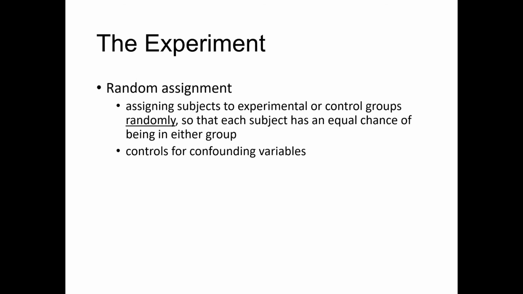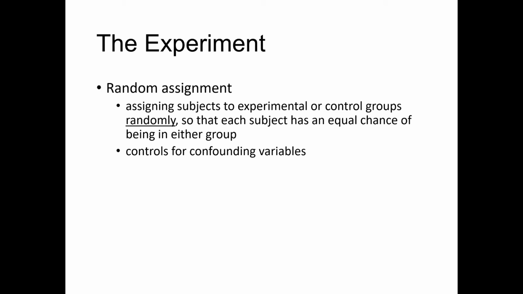Because the researcher has control over the independent variable, the researcher needs to find a way to assign participants to either experimental or control group. When the researcher does this, it is very important to randomly assign participants to one of the groups. It would be a very bad idea to place all males into the experimental group and all females into the control group.